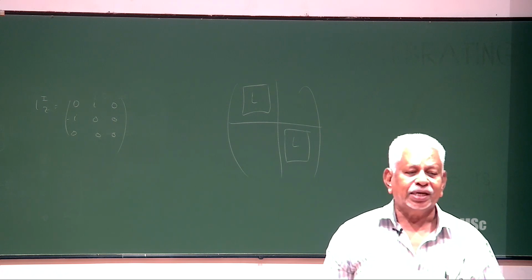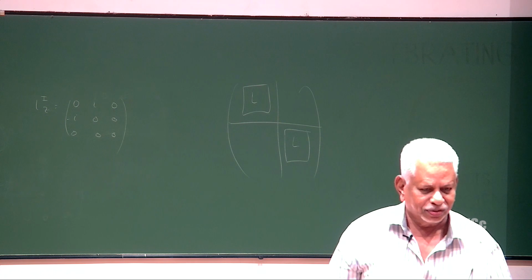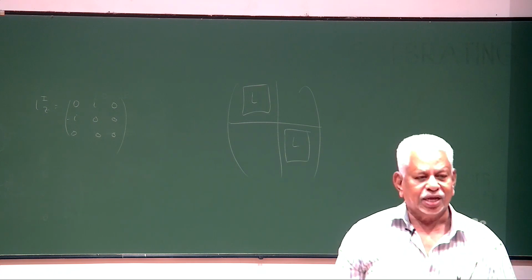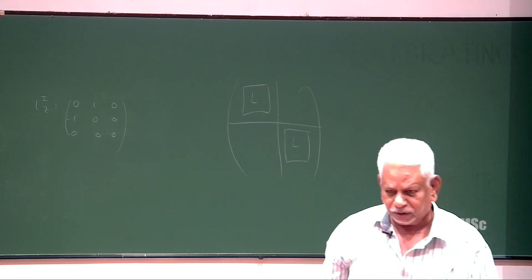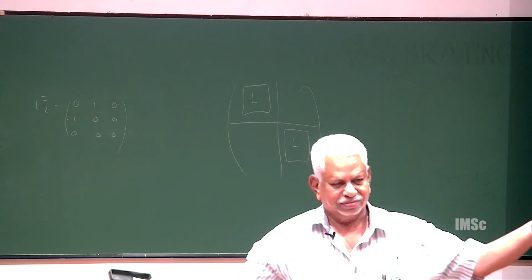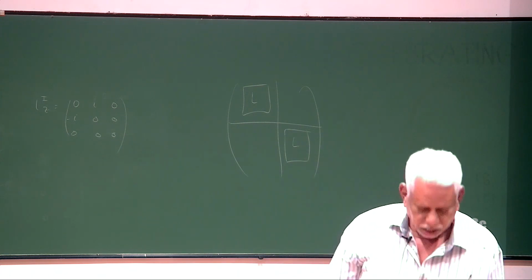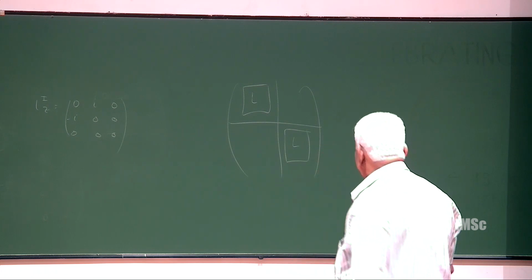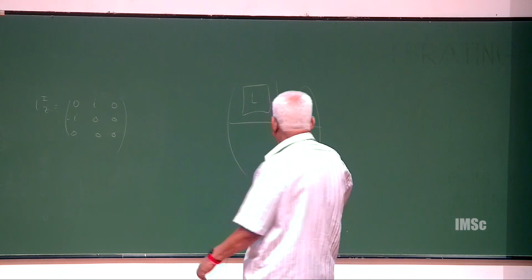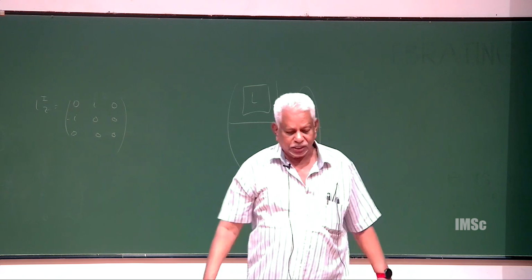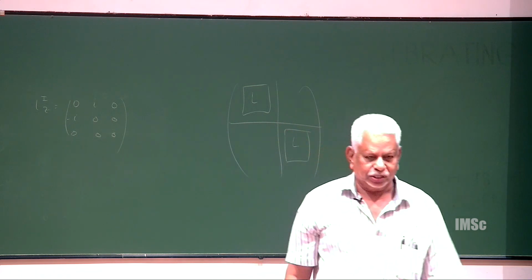There is nothing, so you have not generated anything new. You are having the same representation which you have written in many blocks. Now this kind of object in group theory is called a reducible representation.